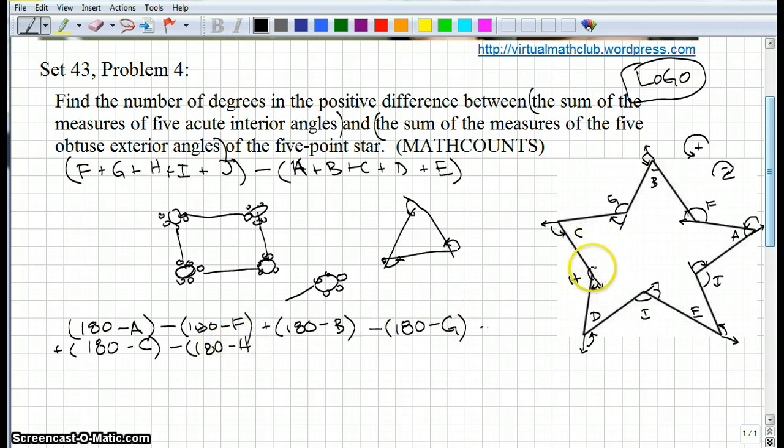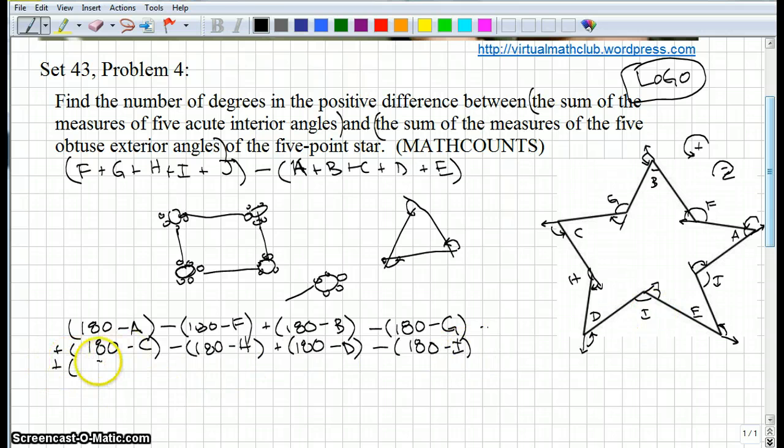So we're here, and we turn, and then we get down here, and we turn 180 minus D. Okay, so we're at D, then we're at I, so we gotta turn 180 minus I in the clockwise direction, so that's why it's negative.